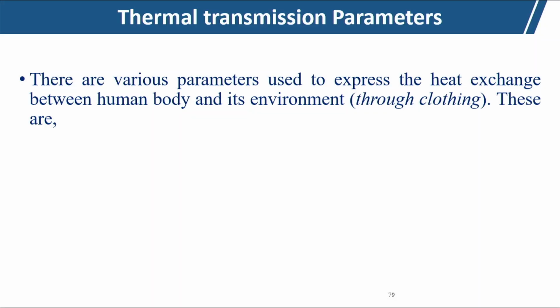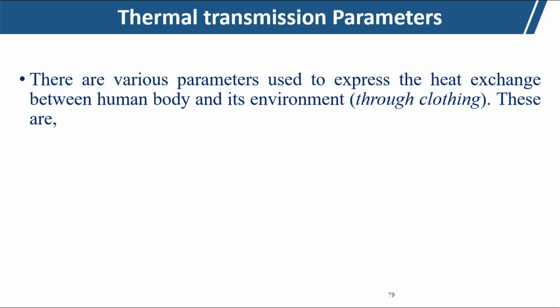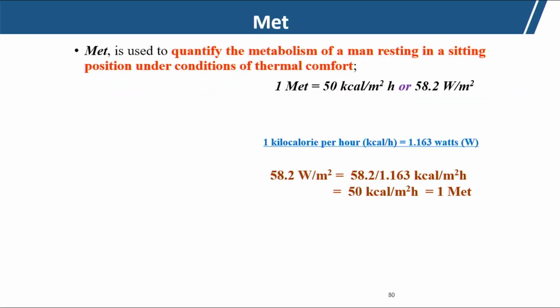There are different thermal transmission parameters used for extreme cold climate clothing and other applications, so we must understand them. These parameters are MET, CLO, TOG, and permeability index.